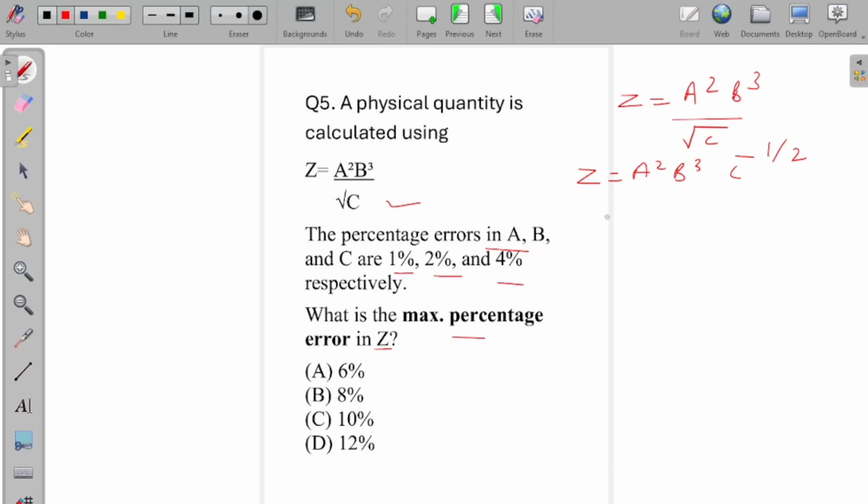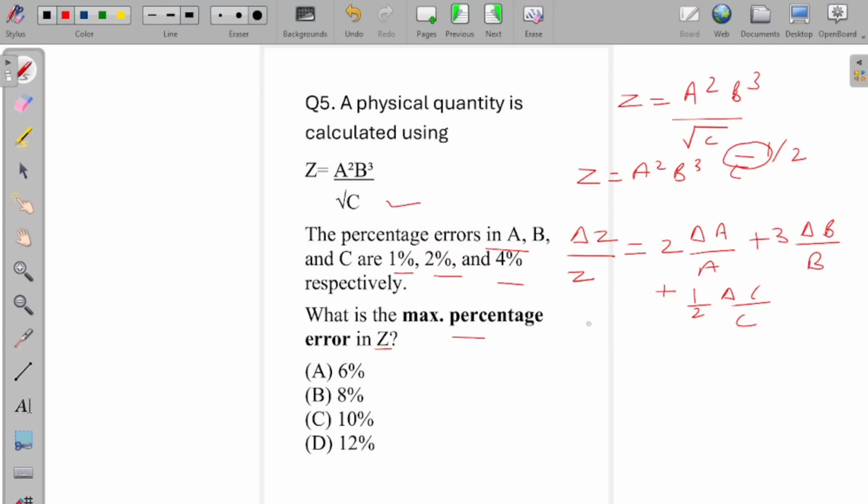Now, for the expression of relative error, we will write delta Z upon Z is equal to 2 delta A upon A plus 3 delta B upon B plus half delta C upon C. As you can see, negative sign is given in the power, but we are still using plus over here.